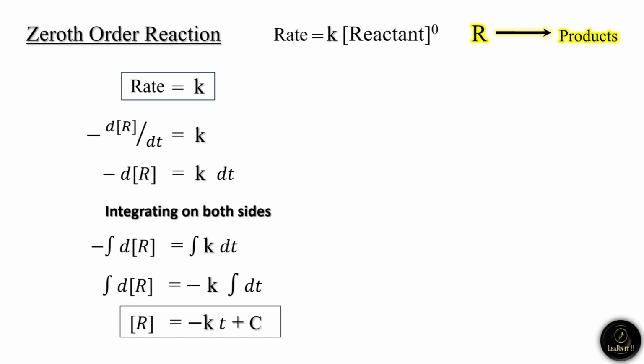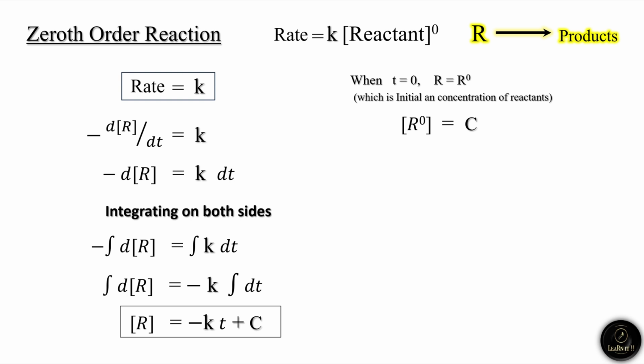When t equals 0, that is in the beginning, then [R] is equal to [R]0, where [R]0 is the initial concentration. At that time C is equal to [R]0. When we put the value of C into the above equation, we get [R] is equal to minus Kt plus [R]0.